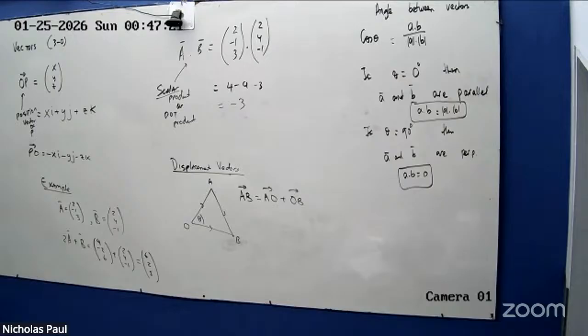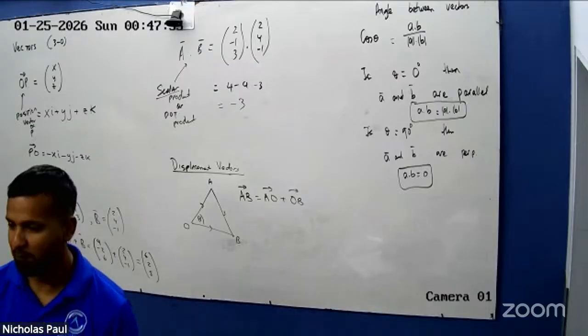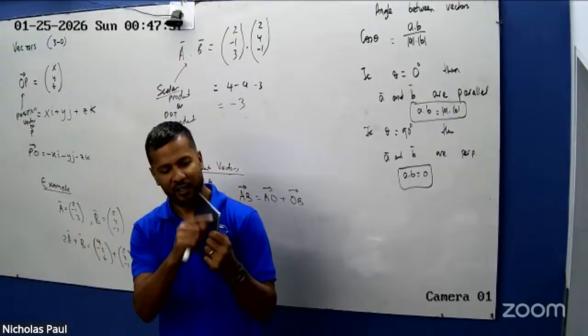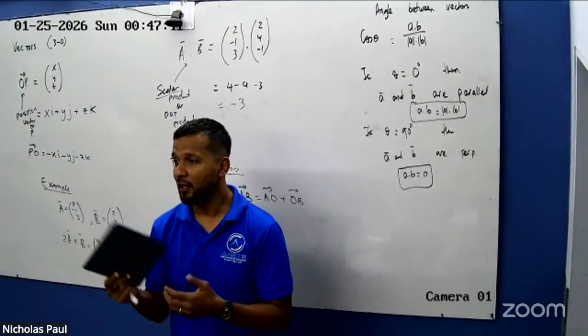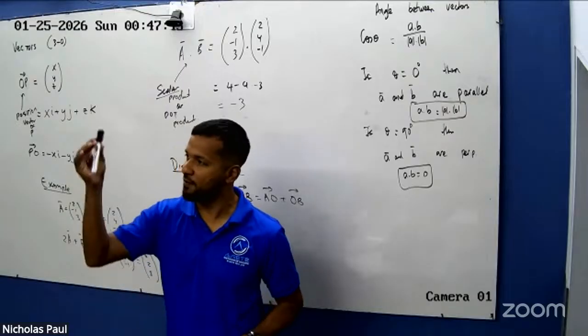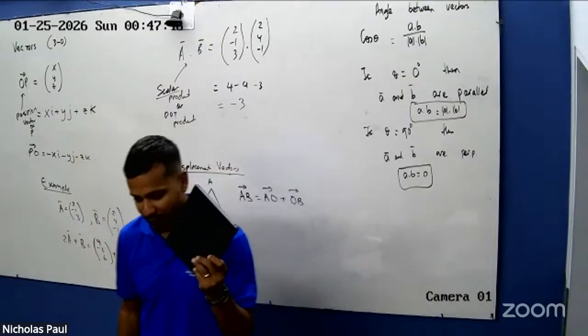And what happens if you connect a whole set of lines? It becomes a shape. It becomes a plane. So imagine this here as a plane. If I connect a whole set of lines, it becomes a plane. Right? So we have to find the vector equation of a line and a plane.